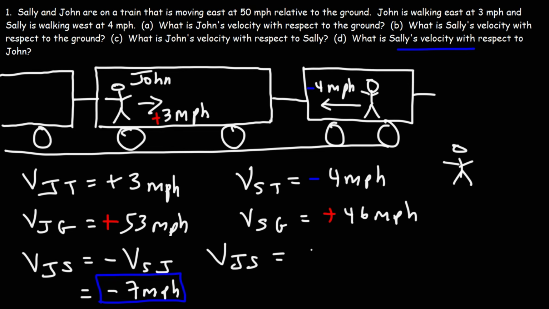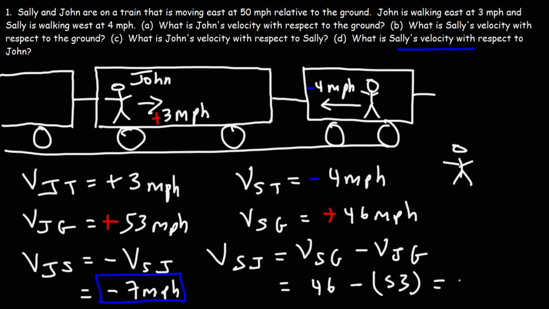VSJ is going to be VS with respect to the ground minus VJ with respect to the ground. So VSG is 46 minus VJG, which is 53, and that will give us negative 7 miles per hour. So that's Sally's velocity with respect to John.